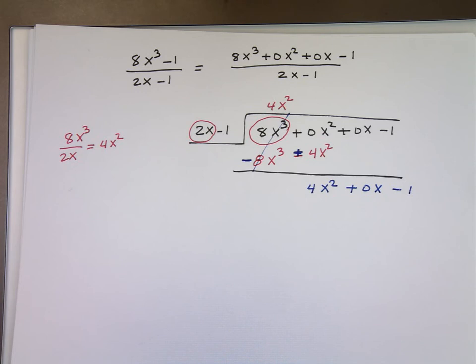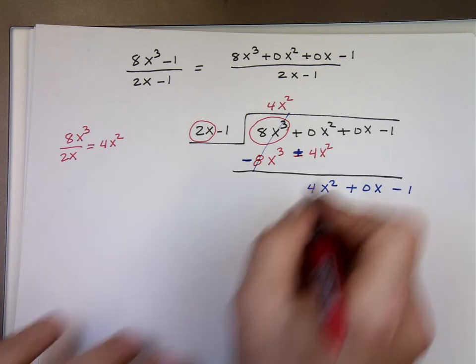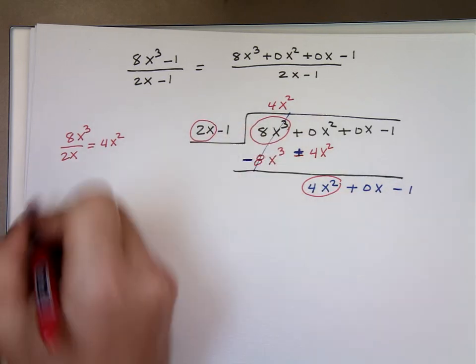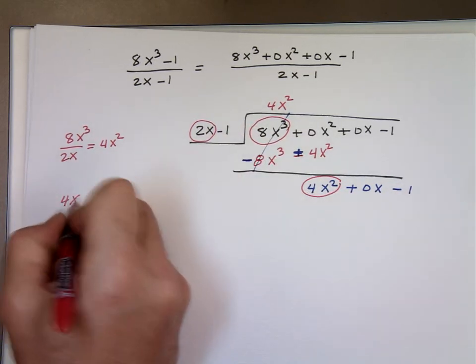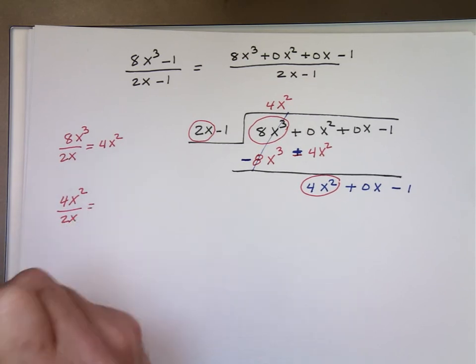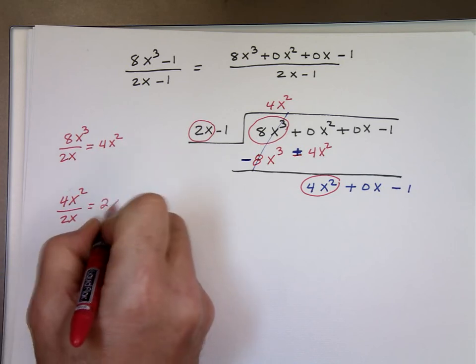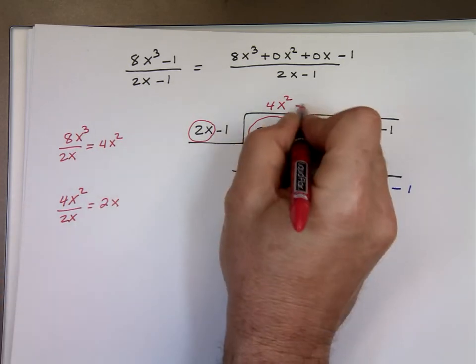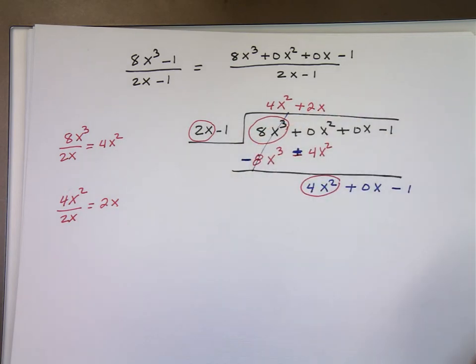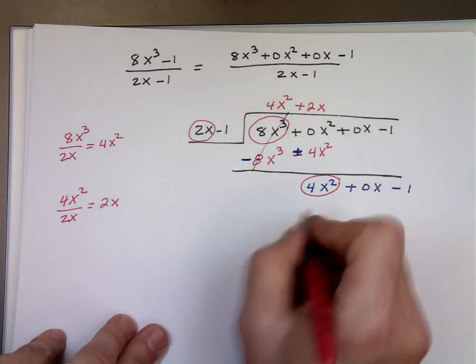Now let's take this one and divide it by this one. What is 4x squared divided by 2x? Positive 2x, right? You have to put a sign, plus or minus. Positive 2x. What's 2x times 2x? 4x squared.